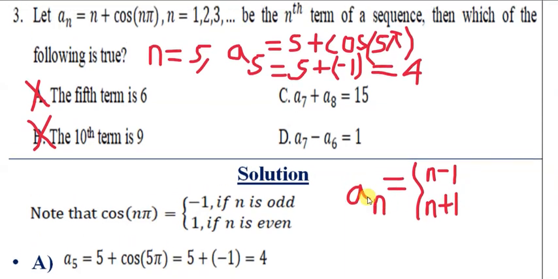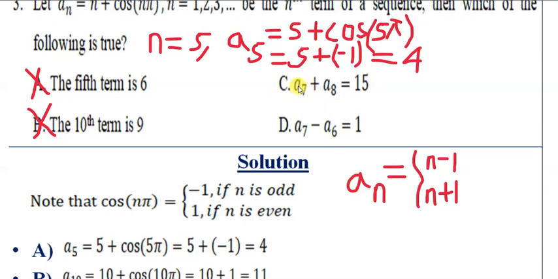And therefore, a7 is odd, and therefore a7 must be equal to 6, because 7 minus 1 is 6.